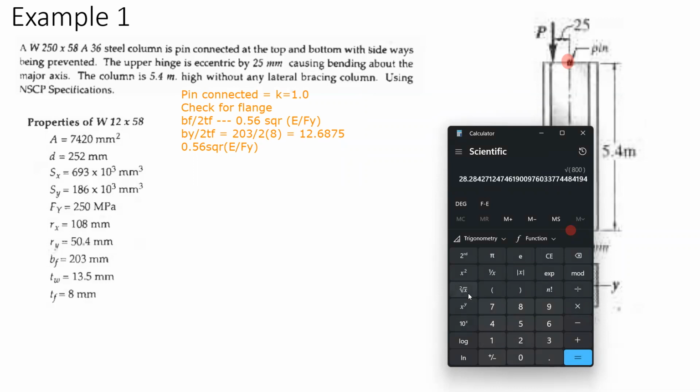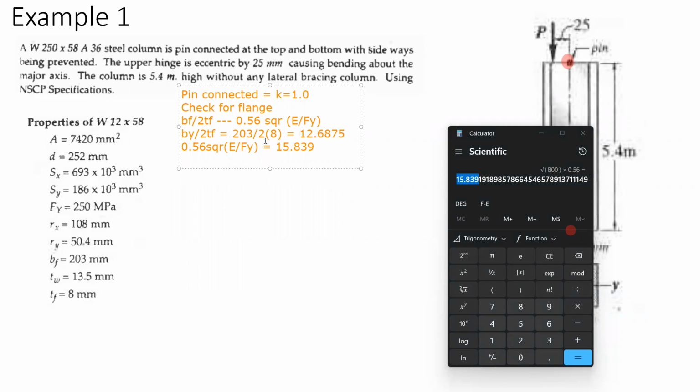We get the square root times 0.56. We have 15.89839.